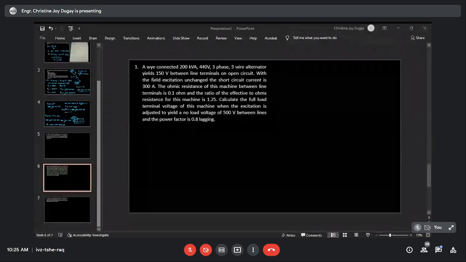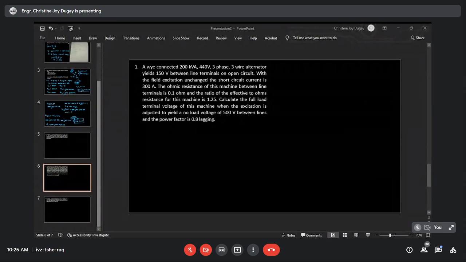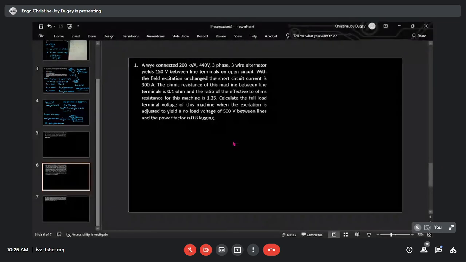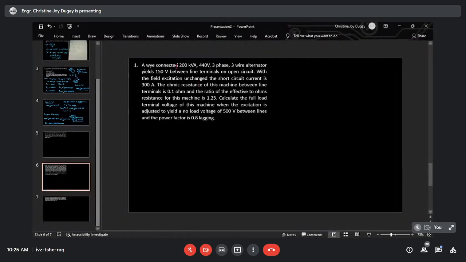The only thing required dyan sa problem na yan, we have to find for the value of V line or the line-to-line voltage po ang kailangan lang po natin dyan, no? So, ibig sabihin yan, if you're going to analyze the problem, a Y-connected 200 kVA 400 volts 3-phase 3-wire alternator yields 150 volts between line terminals on open circuit with a field excitation unchanged at short circuit current which is 300 ampere.